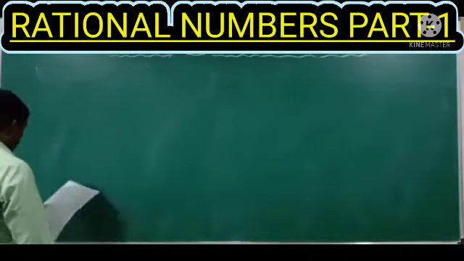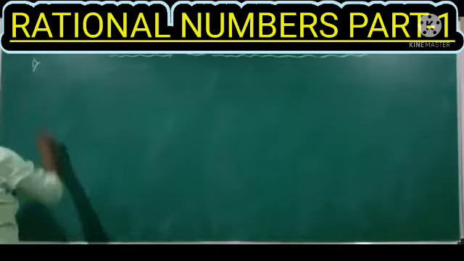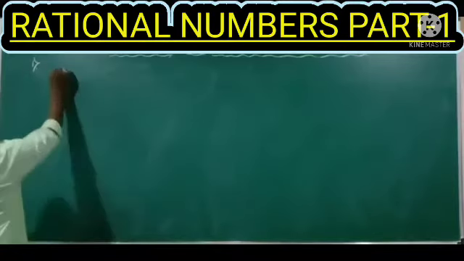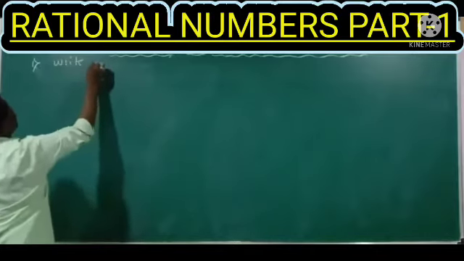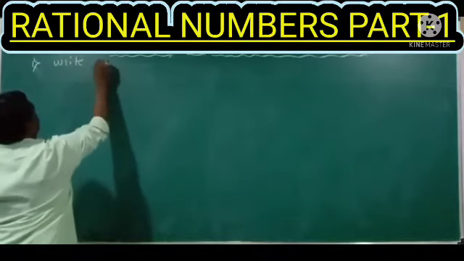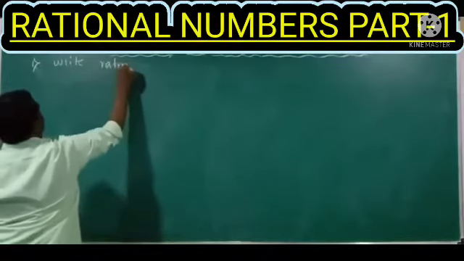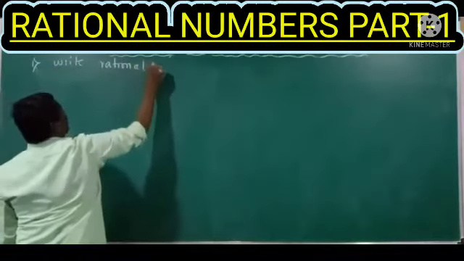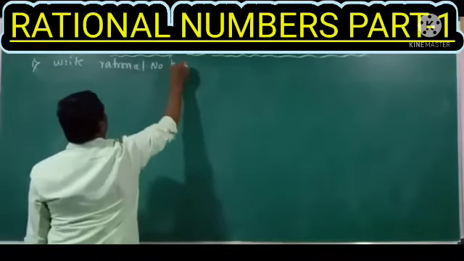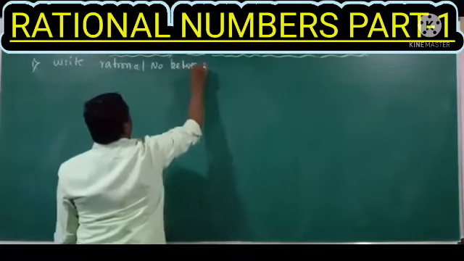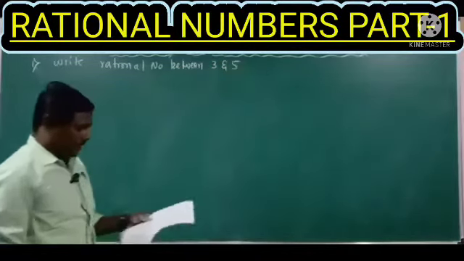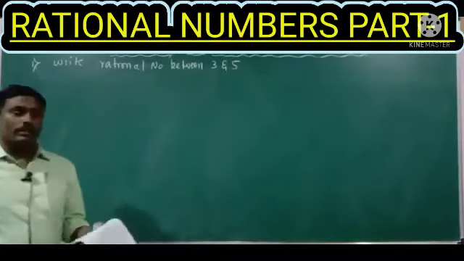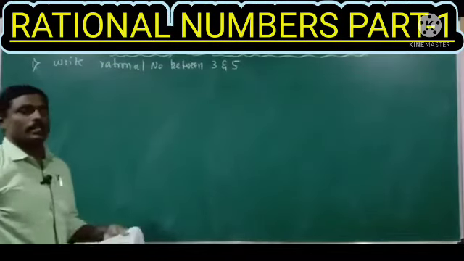First one, write a rational number between 3 and 5. Write the rational numbers between 3 and 5. This is the first type of question.